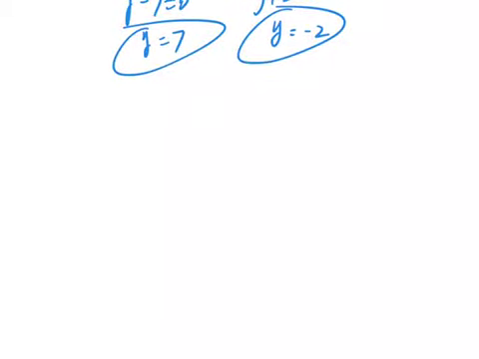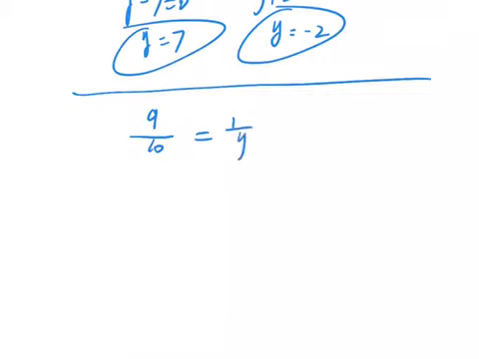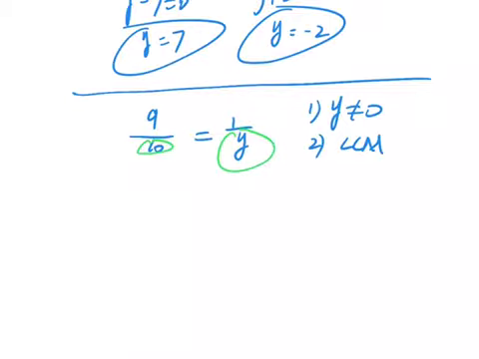Now the third one, it's a little bit different. Same thing, you have to list the restrictions. So y cannot be 0, and then LCM, we have two denominators, 10 and y, so just 10y.